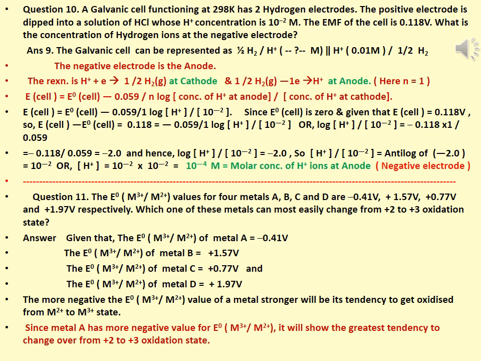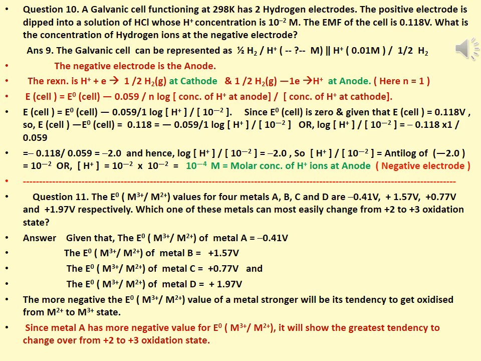So, the galvanic cell can be represented as half H2 gas bar H plus ion. Anode on the left hand side we have shown. The concentration of H plus ions at the negative electrode, that means at the anode, that's why I put a question mark. At the anode, what is the molar concentration of hydrogen ions?